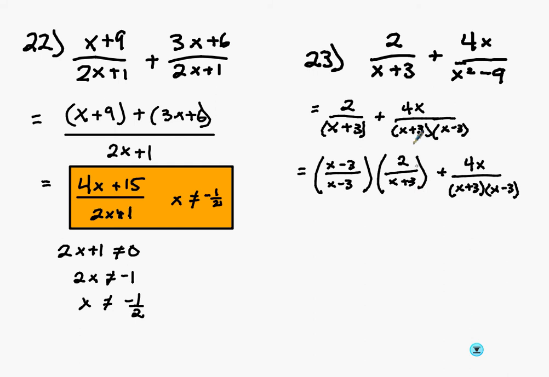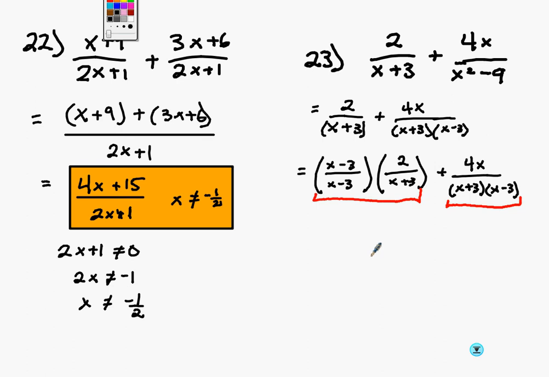So now our denominators are the same. We have an x plus 3 times an x minus 3 here, and an x plus 3 times an x minus 3 here. So our denominator is one common denominator now.